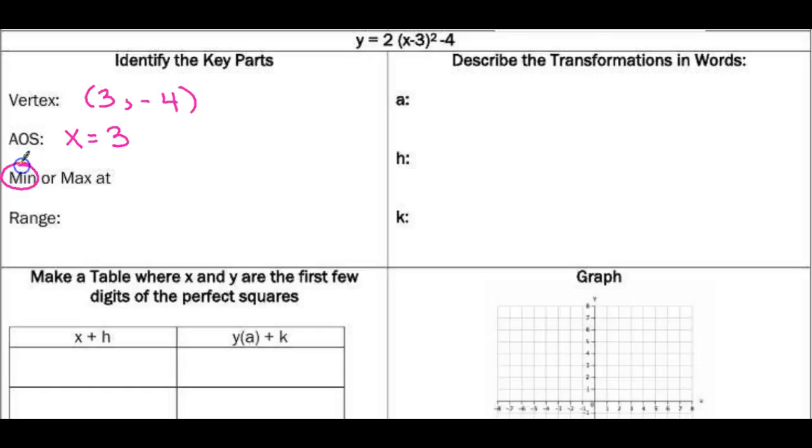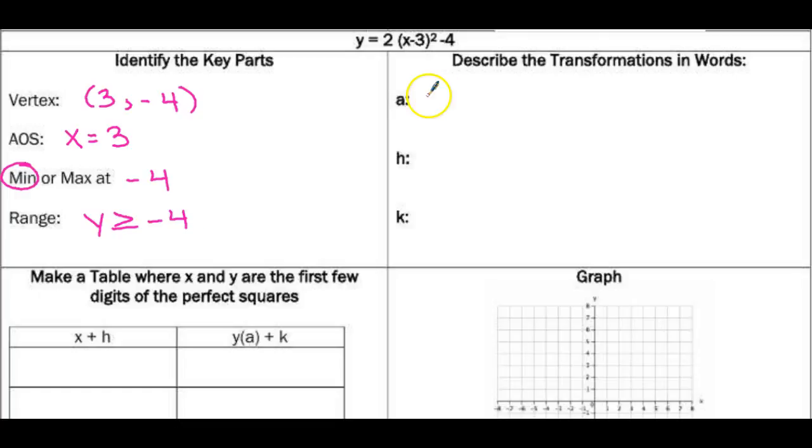Therefore, I have a min. The min value doesn't occur at 2. The minimum value occurs at k, which in this case is negative 4. If I have a minimum, my range is going to be a greater than. So y is greater than or equal to negative 4.